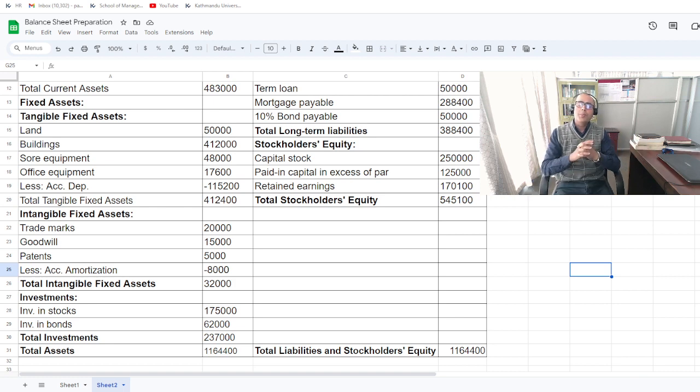A company needs to prepare the balance sheet. Basically we would like to know the funds that we raise through financial institutions, either debt or equity, and then we use them in the assets. That is your asset part, current assets and fixed assets, while liabilities and equity is all about your sources of funds.